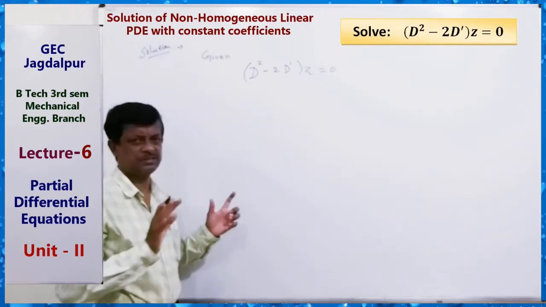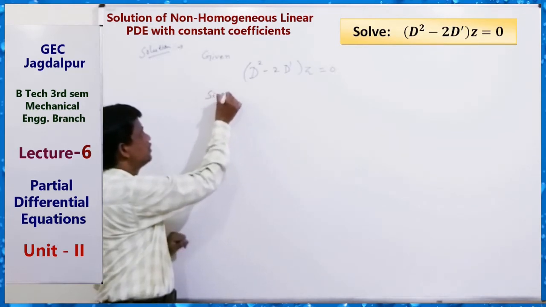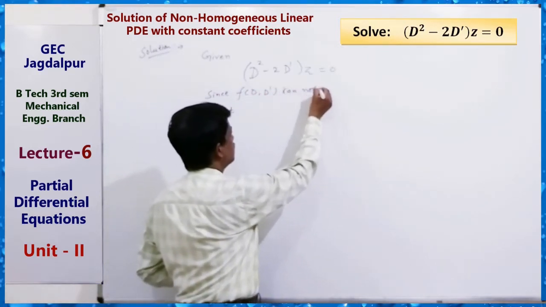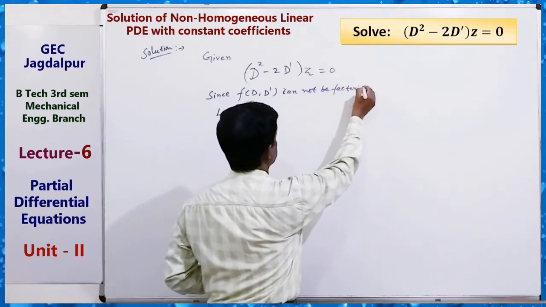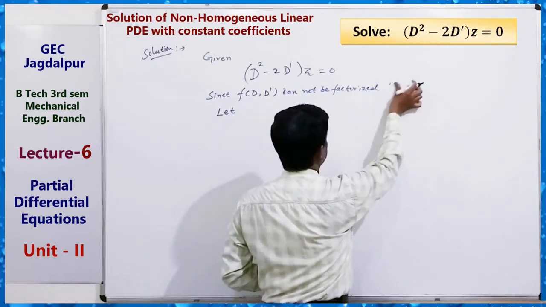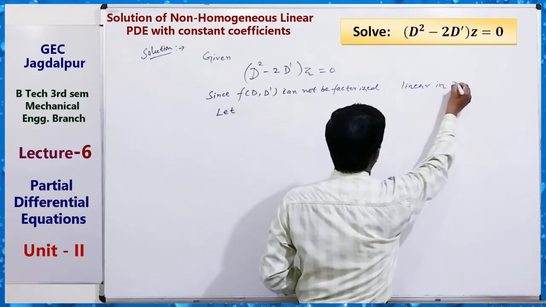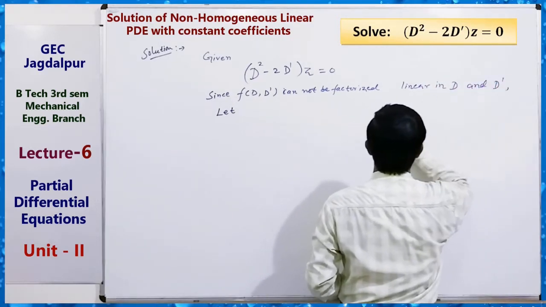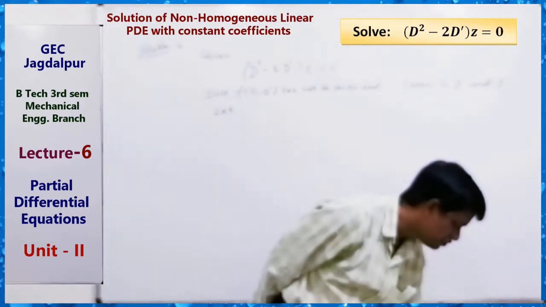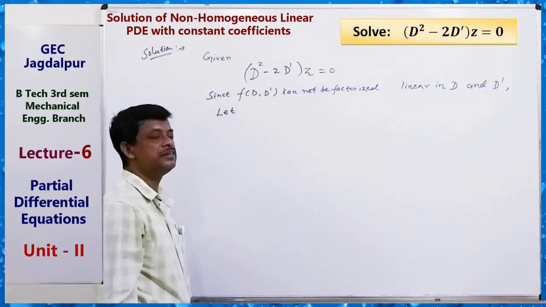For that, just suppose, since f(D, D dash) cannot be factorized linear in D and D dash, cannot be factorized linear.